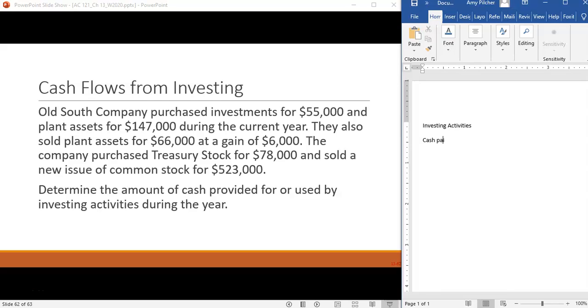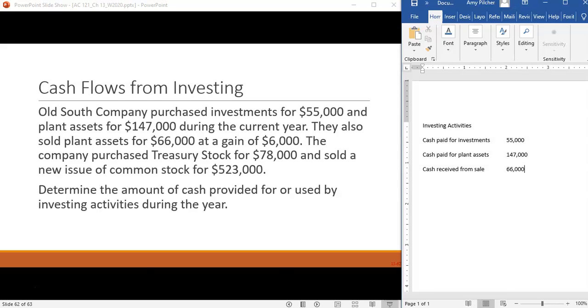So cash paid for investments, $55,000. Cash paid for plant assets, $147,000. And cash received from sale of plant assets. So we received $66,000. We don't need to worry about that $6,000 gain.